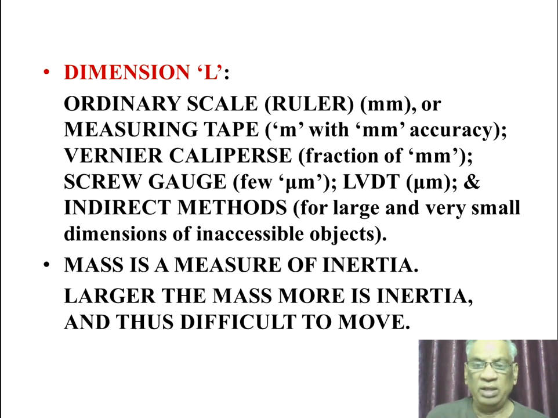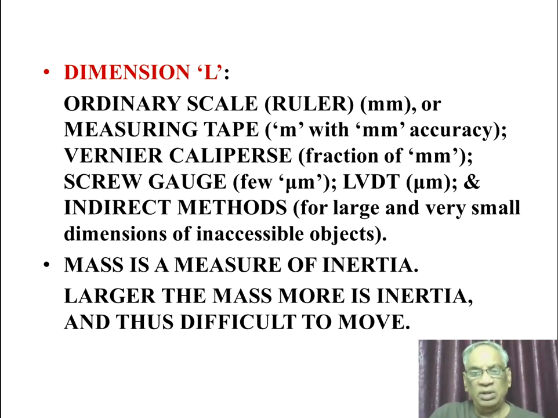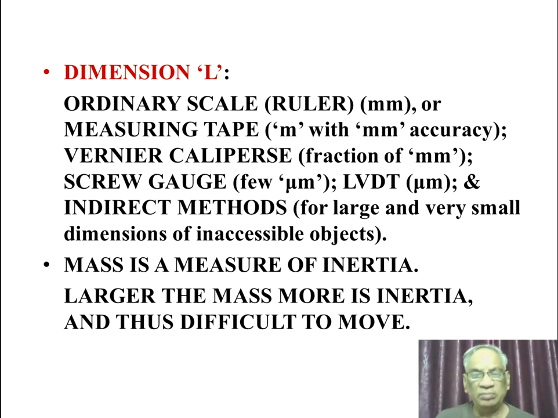For better accuracy and finer measurements, vernier calipers or a screw gauge can be used. In vernier calipers, a fraction of a millimeter can be measured accurately, 0.01 millimeters. In a screw gauge, the accuracy can be achieved to a few microns.